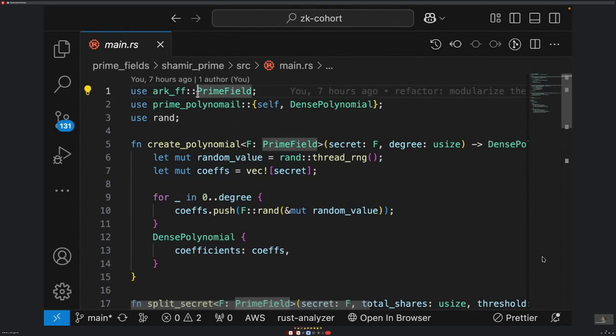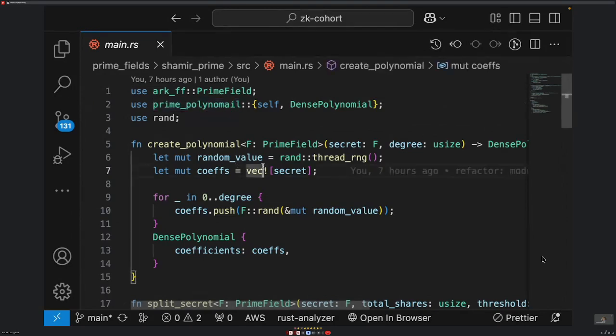No, it's not mine. The second line, prime polynomial is made of. Yes. Okay, I'm going to call it. Sorry. Let me do control first.